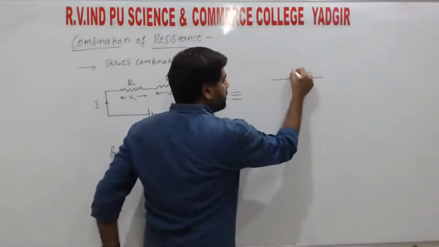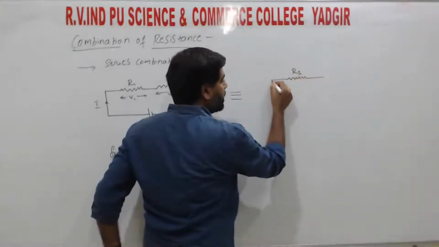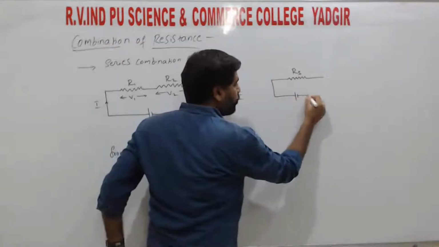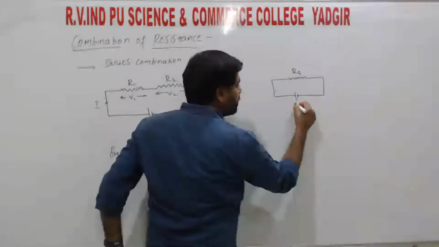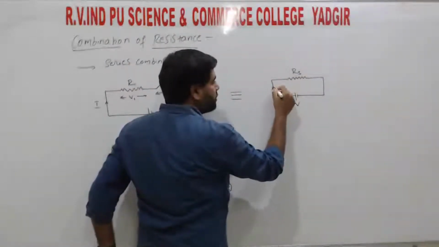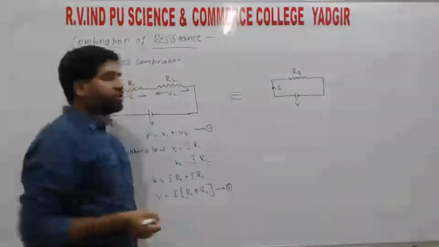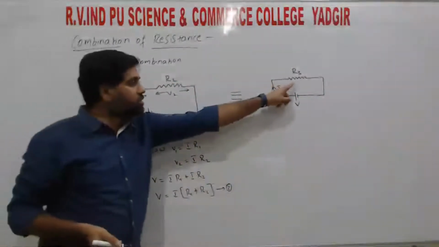Since this is a series connection, we take the equivalent resistance as RS. The same potential is applied across the equivalent resistance RS and I is the current flowing through the resistance RS.